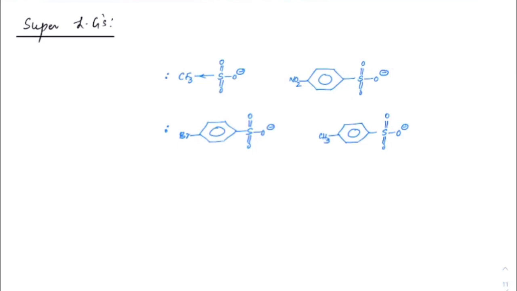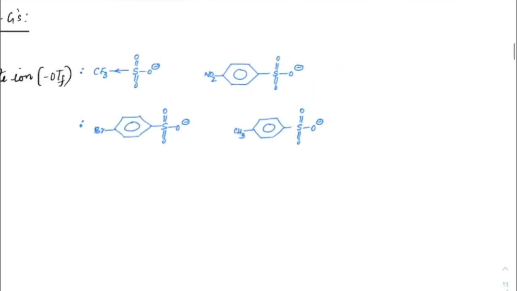This first one, CF3SO3 minus, trifluoromethyl sulfonate, in short can be represented as triflate ion, or in short we will write this as OTf.